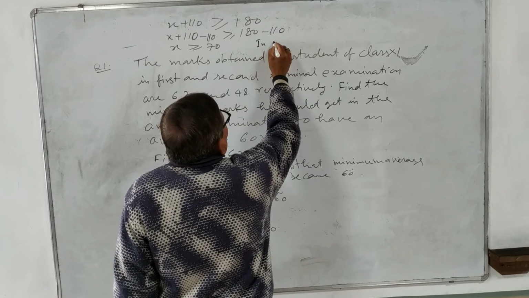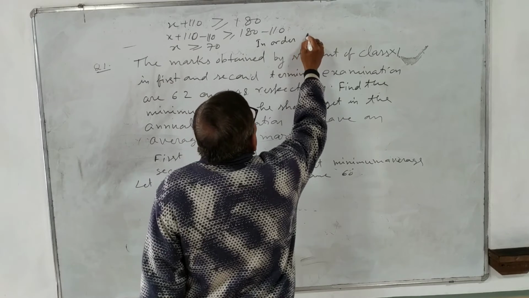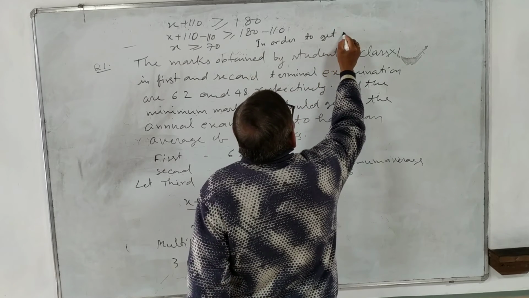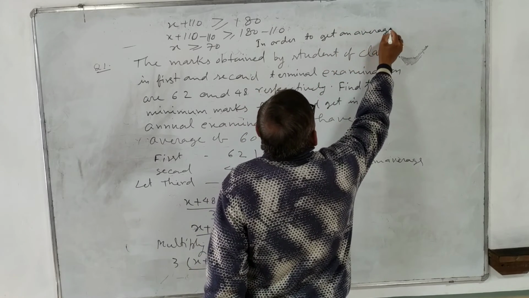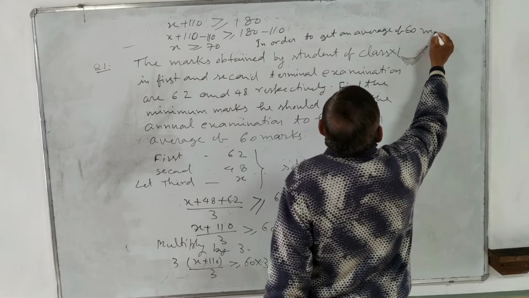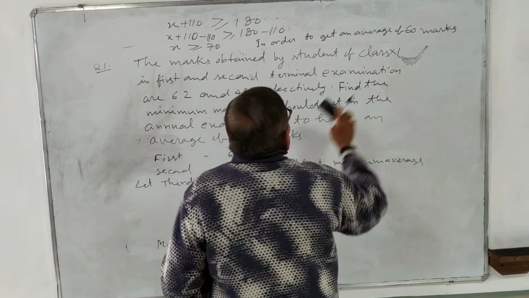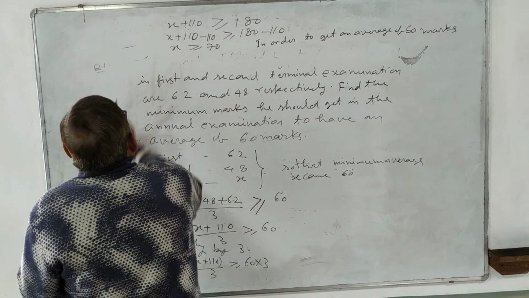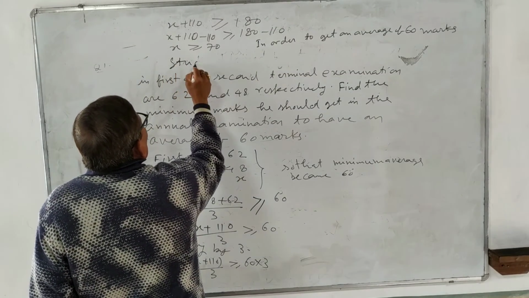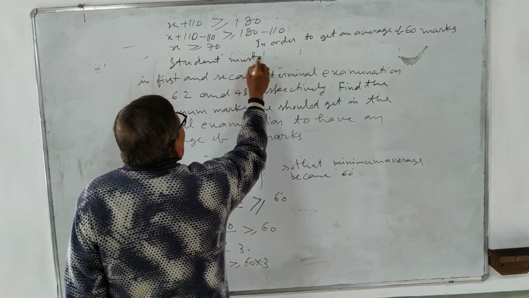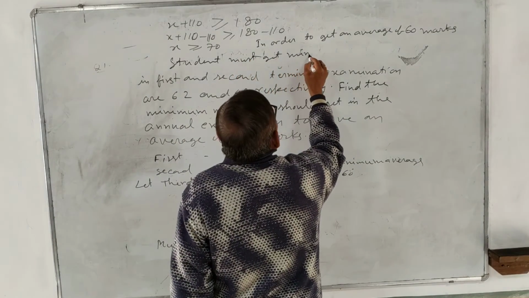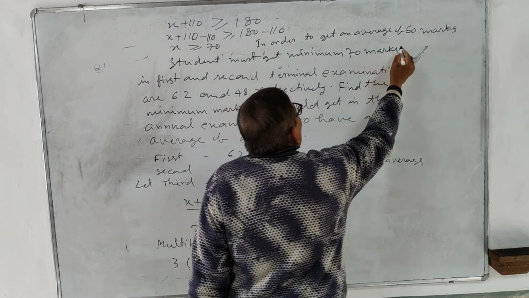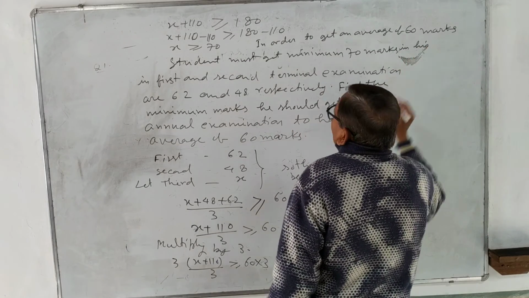In order to get an average of 60 marks, a student must get minimum 70 marks in his annual examination.